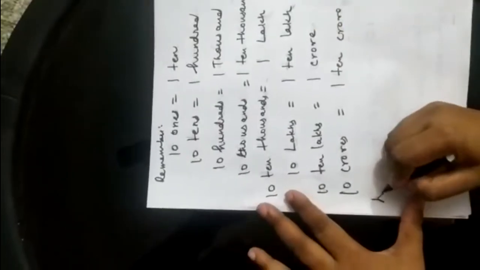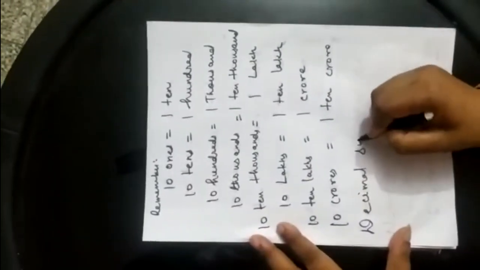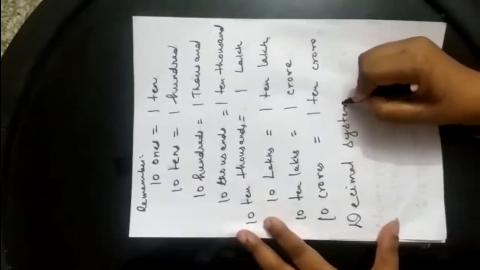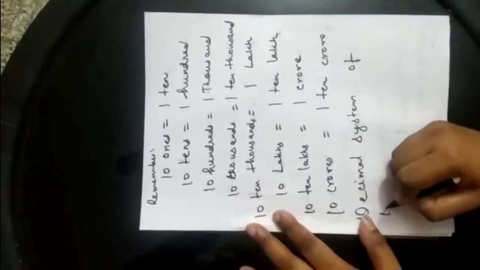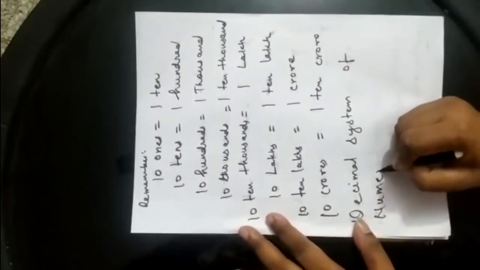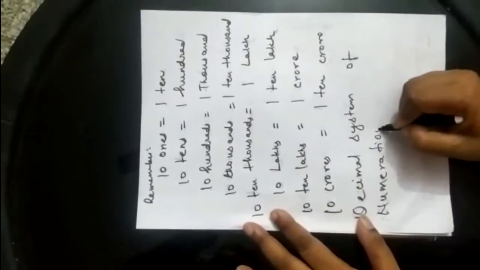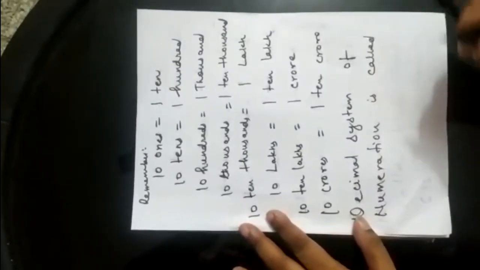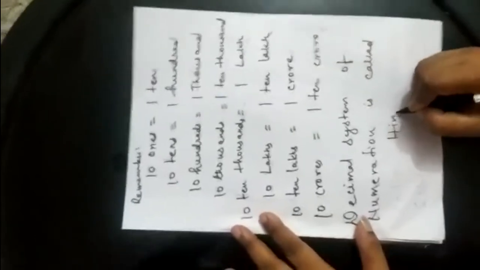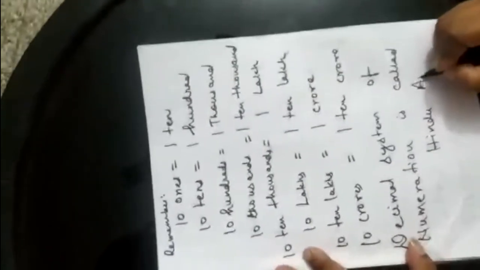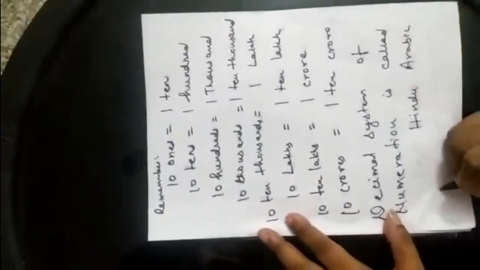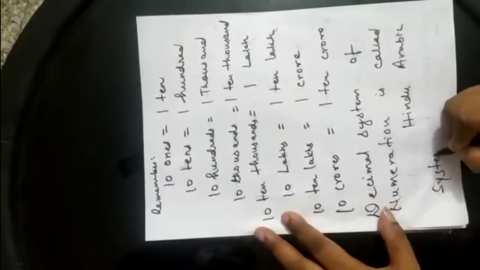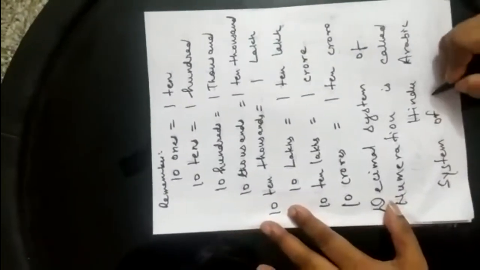Now this decimal system of numeration is also called, children, the Hindu-Arabic system of numeration.